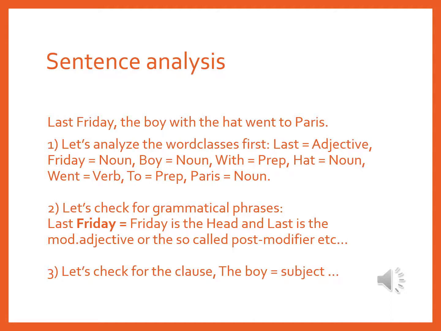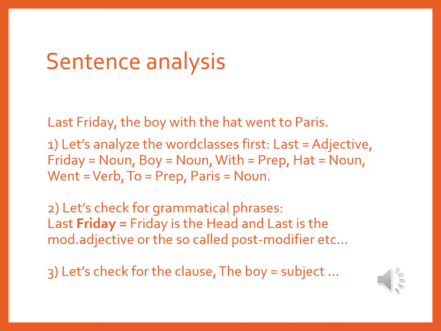So we see last, it's an adjective. Friday, it's a noun. Boy, it's a noun. With is a preposition. Hat is a noun. Went is a verb. To is a preposition. Paris is a noun. So there, it's pretty straightforward. You just need to know the categories, and then you will sort it out rather quickly.